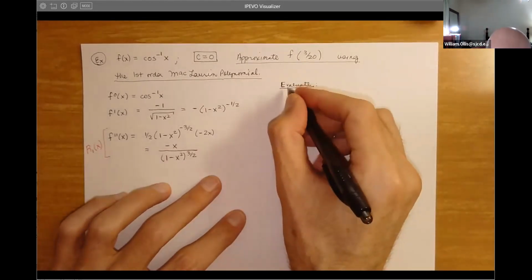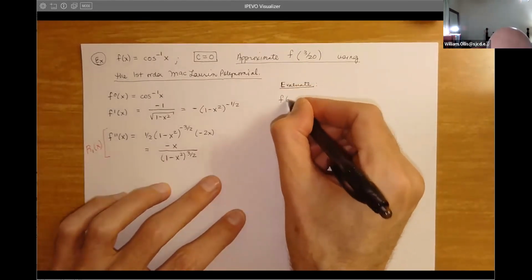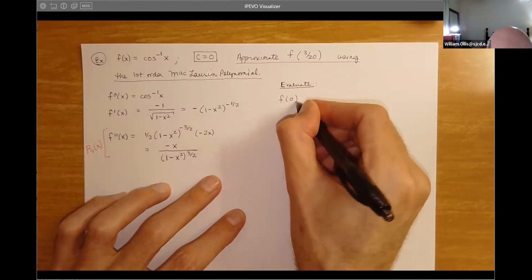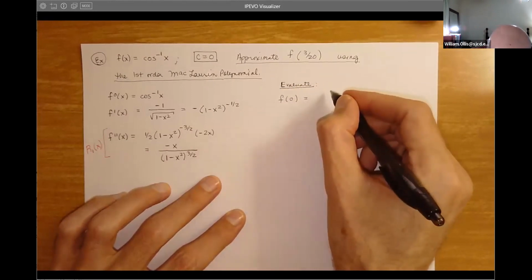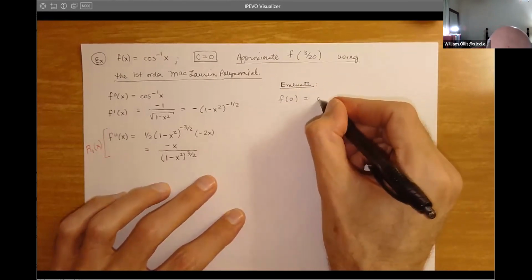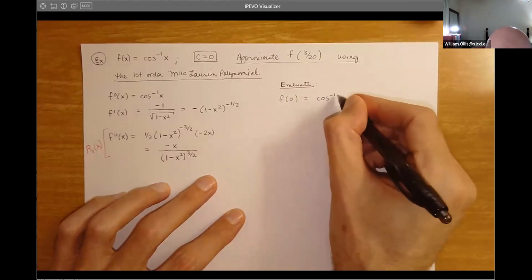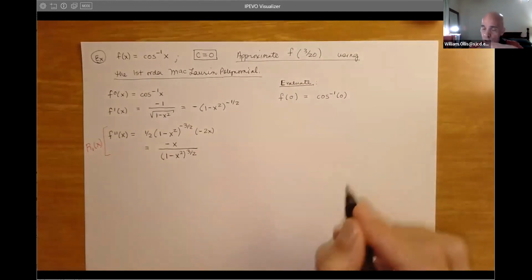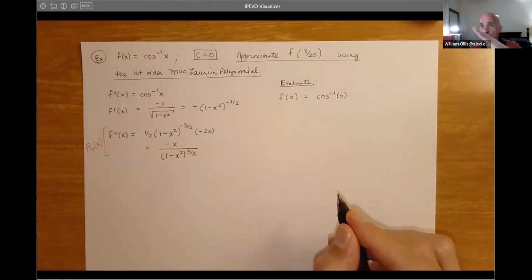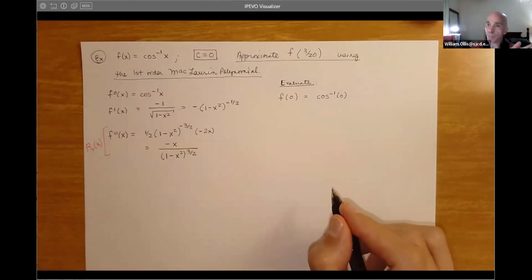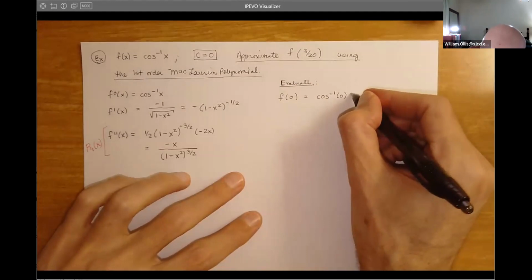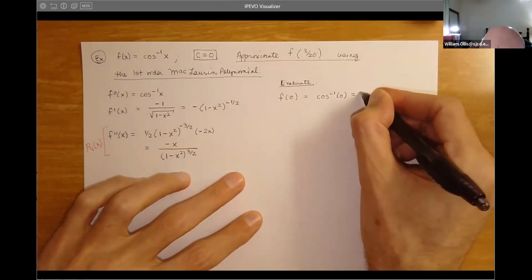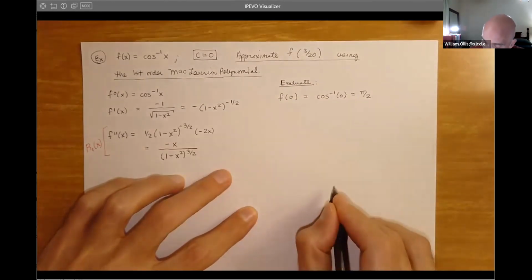So now f of 0. In this case, we get what? Inverse cosine of 0. Again, just the unit circle. We know inverse cosine lives between what? 0 and pi. So that's pi over 2, right? So that's just the unit circle.